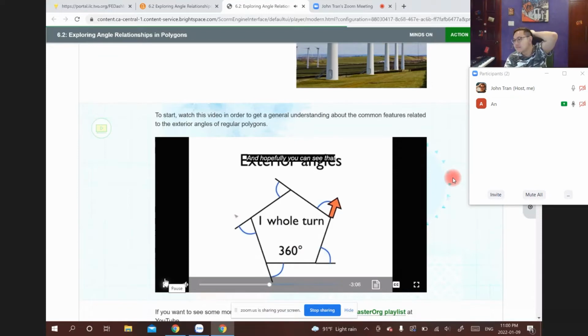And hopefully you can see that as we went around the polygon, that red arrow did one whole turn, which as we know is 360 degrees. So that's why exterior angles in a polygon always add up to 360 degrees.